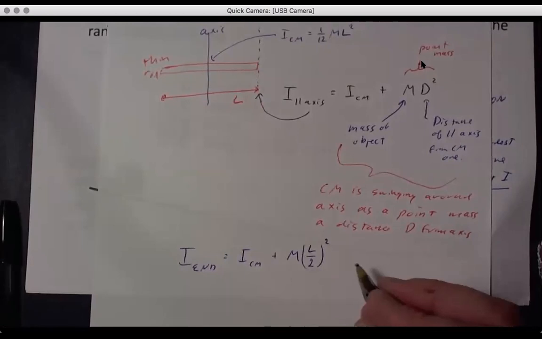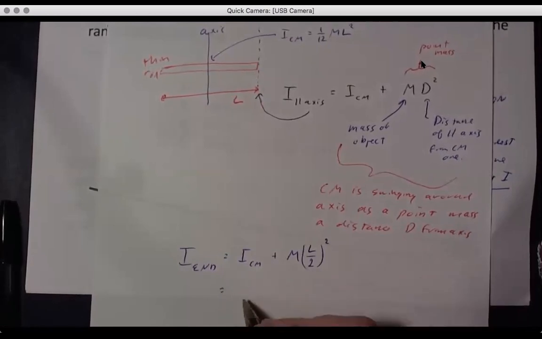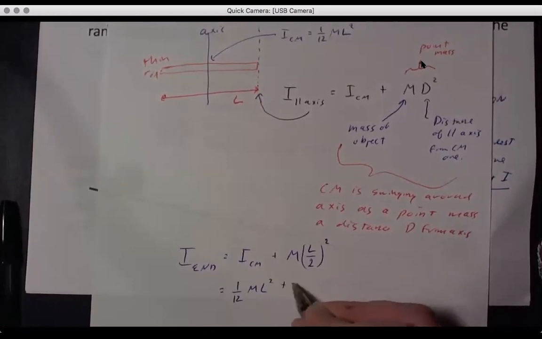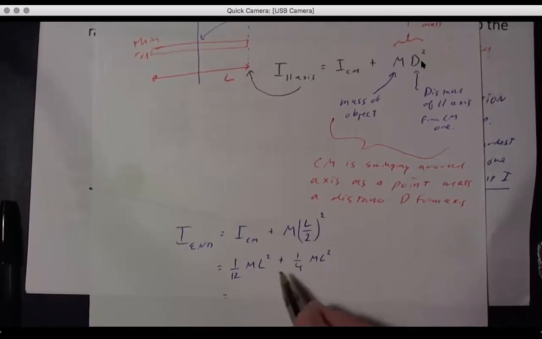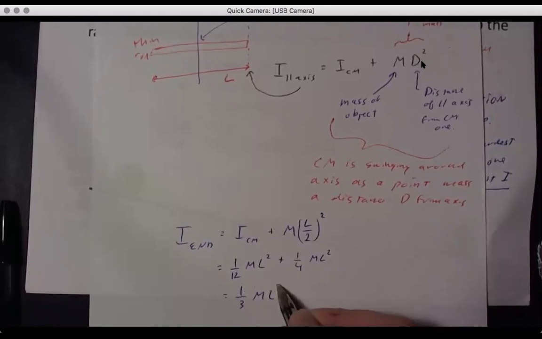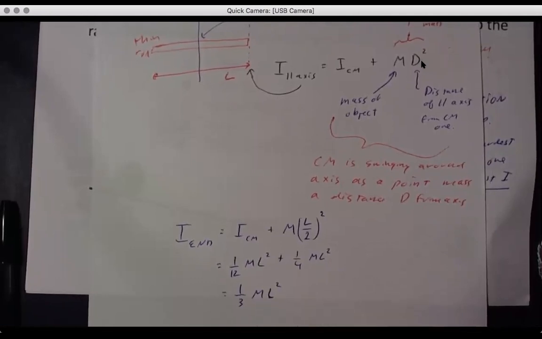And this part here was equal to 1/12. So 1/12 m L squared plus 1/4 m L squared. You can add those together. 1/12 and 1/4, right? 3/12 is 4/12 is 1/3. m L squared is the I about the end.